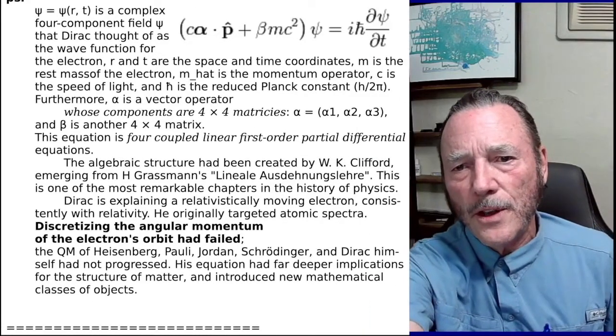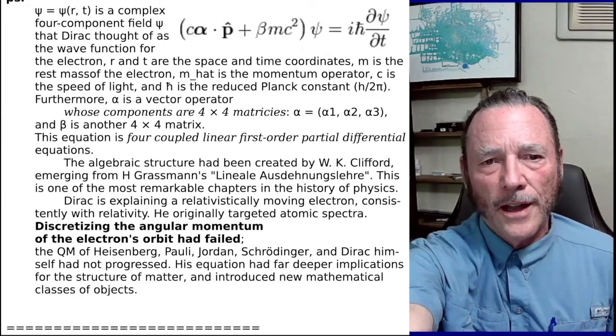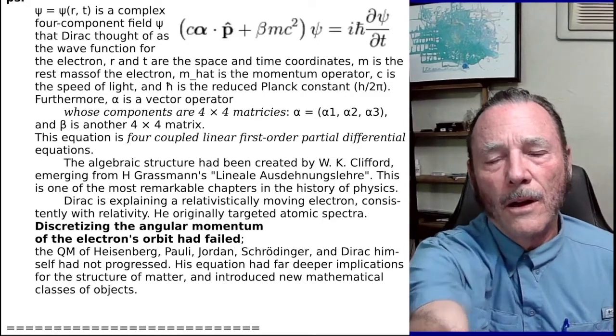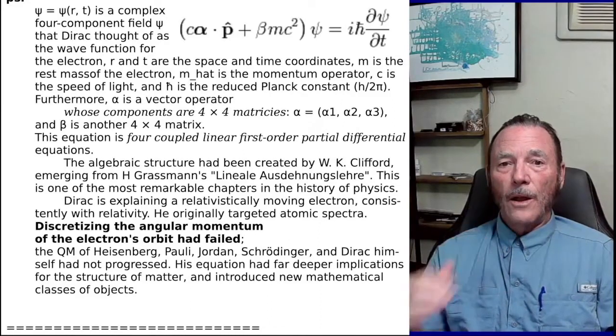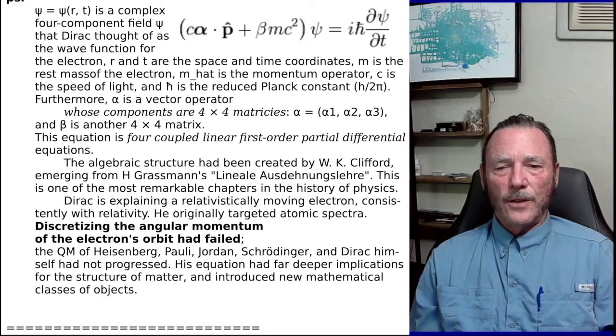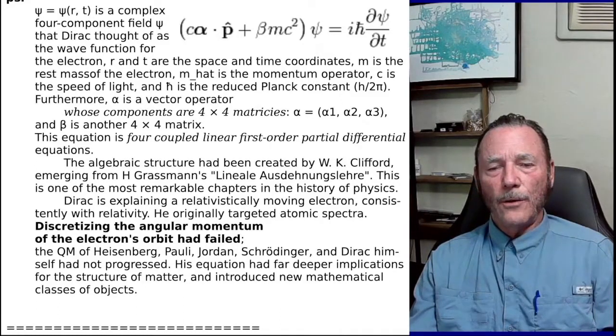So this is the imaginary number, this is the reduced Planck constant, and this is the function psi. On this side we have the function psi and a coefficient for it. So there are only 3 terms in this equation: psi, psi, and the coefficient.